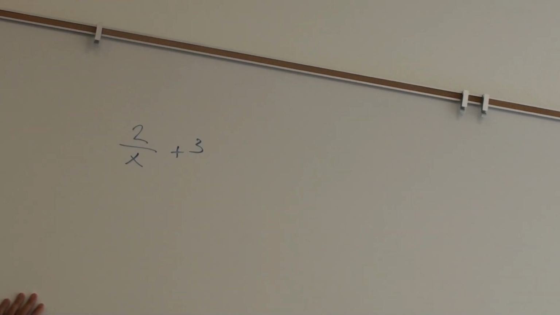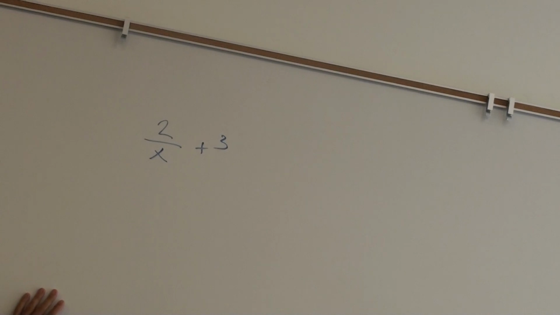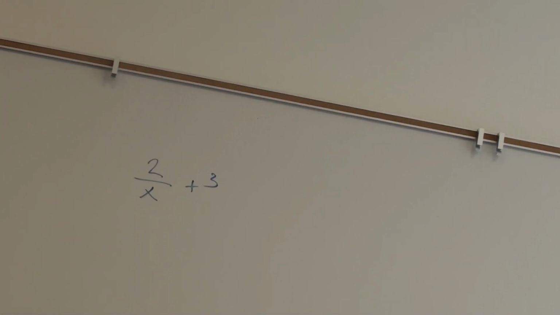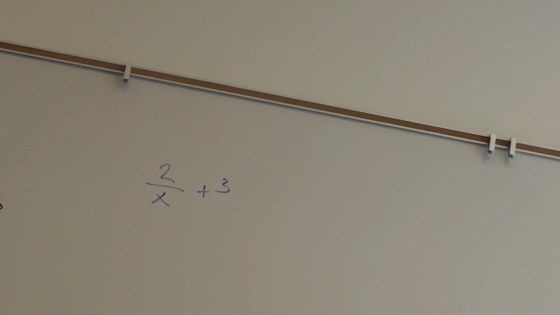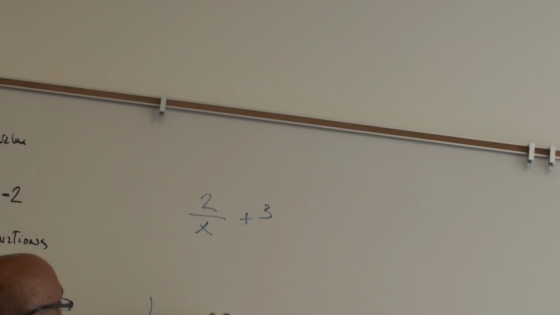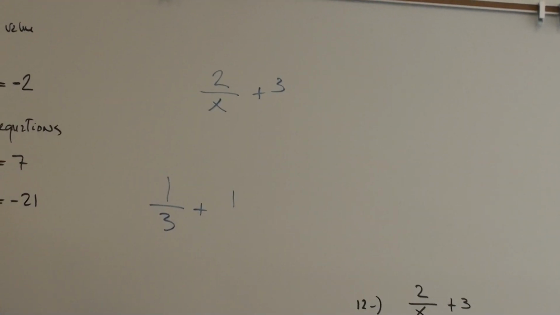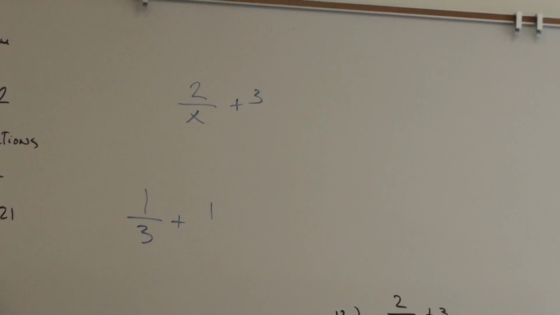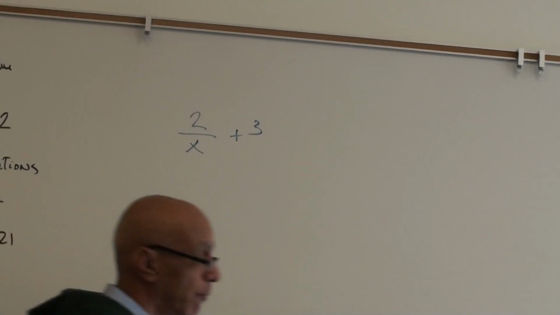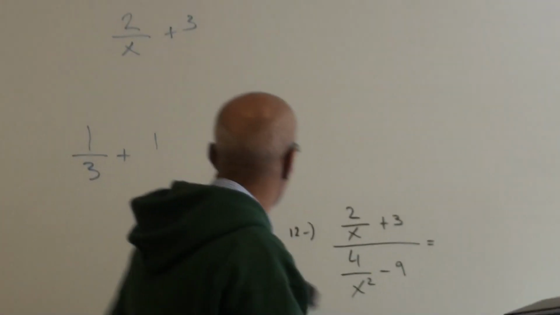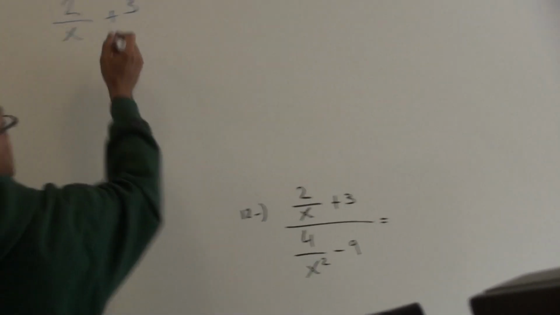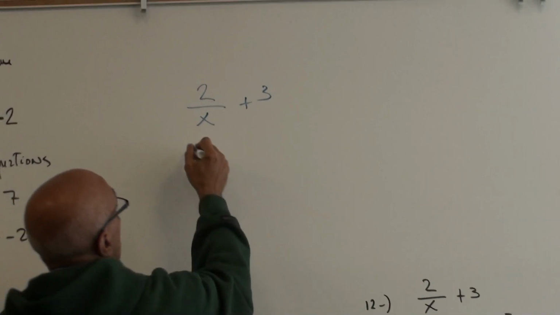If I have 1/3 plus 1, what should be the common denominator here? 3, right? Well, here I have a variable. What is the common denominator here? X, right? I need to have x here, okay?